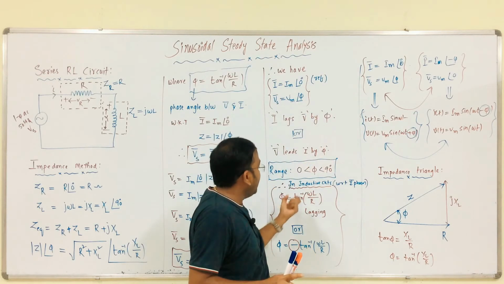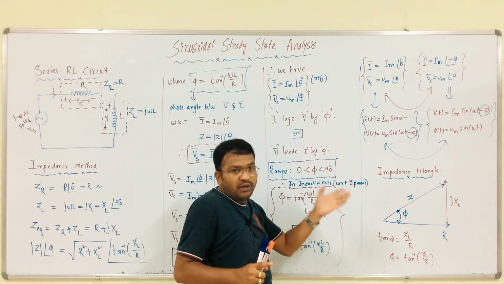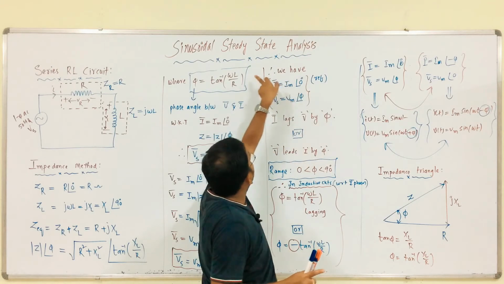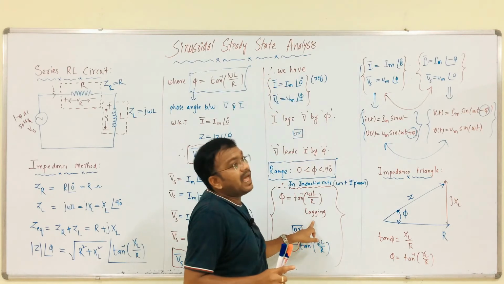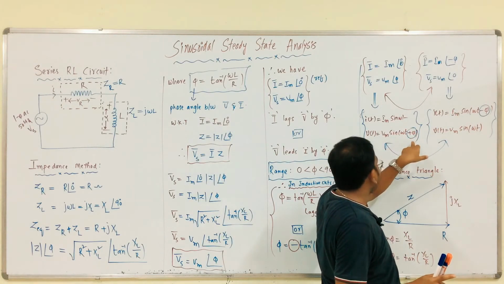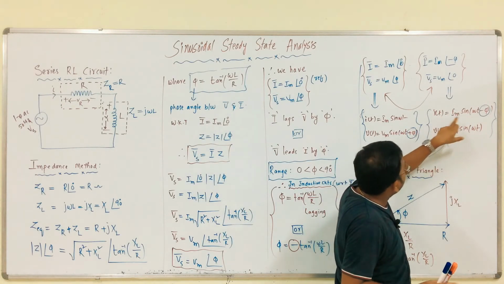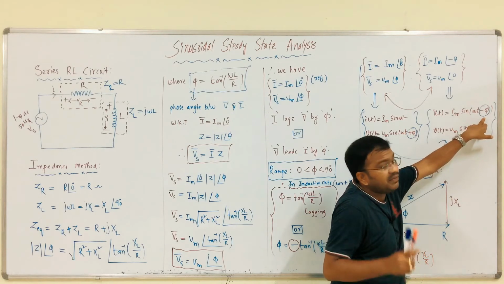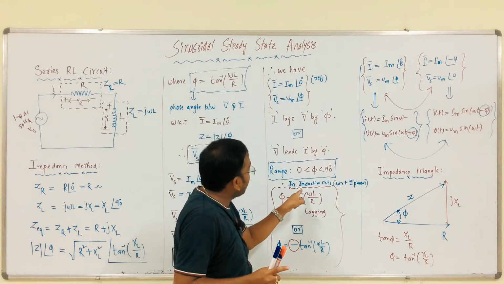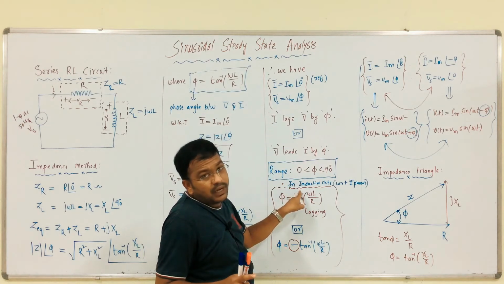But for inductive circuits, with respect to phasor only we have to tell. The phase angle is what? Tan inverse omega L by R, and that is lagging. Why is it lagging? See, from these two cases current lags voltage by phi only. But with respect to current, we have to tell. Why? In an inductive circuit current always lags voltage by some angle.